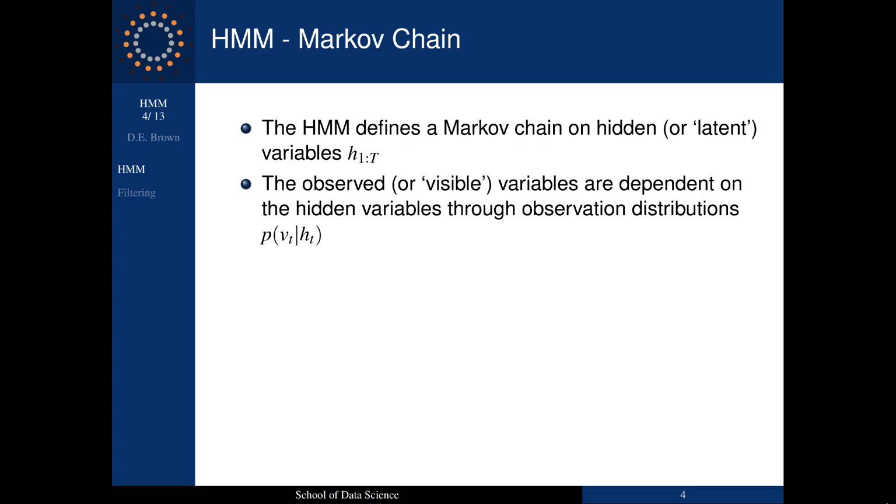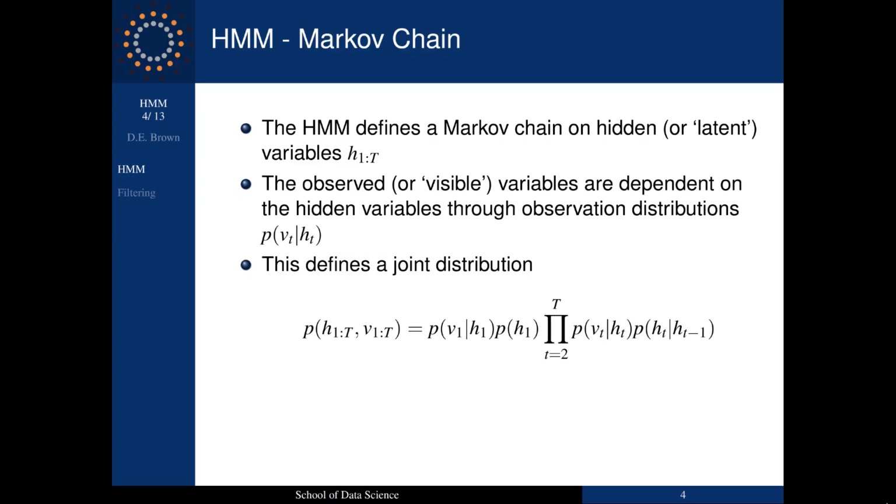In this case, it's the probability that v of t takes on a certain value given h of t, the hidden variable at t. And this defines a joint distribution, which is the product of all these conditional probabilities. We can represent that here.